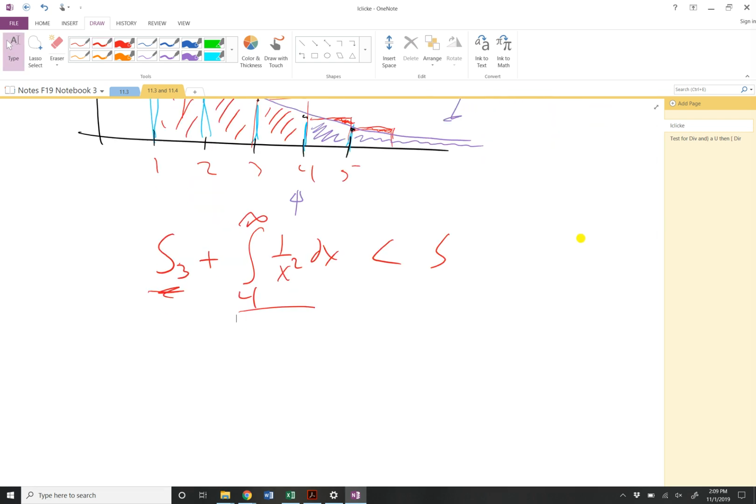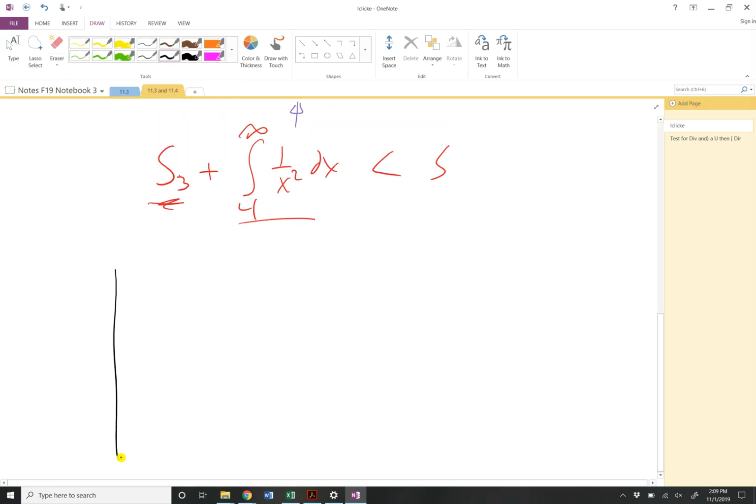Now, what if I draw this the other way? So here are my values.